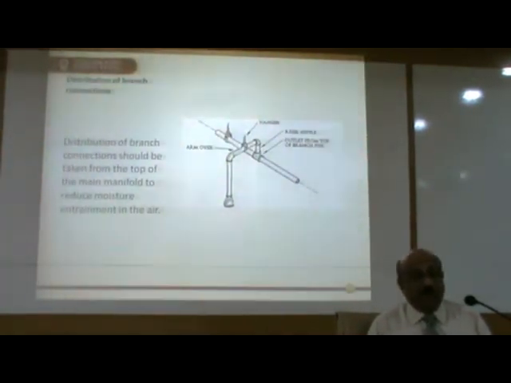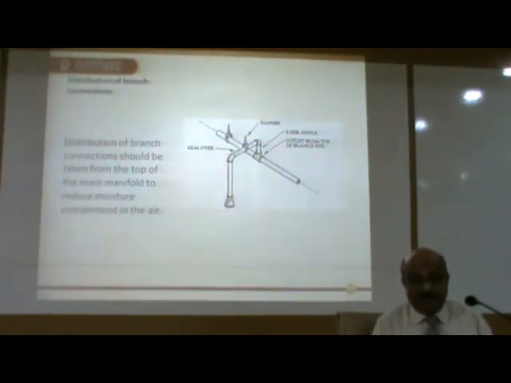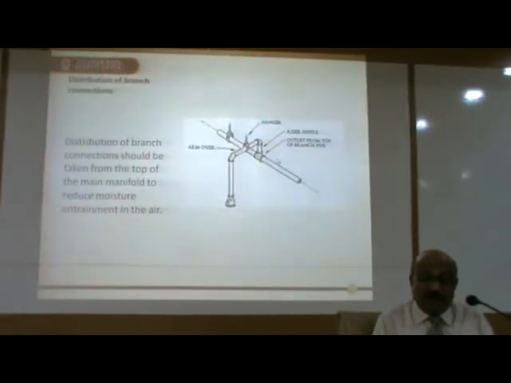Then another important part is the distribution of branch connections. Branch connections should be taken from the top of the main manifold to reduce moisture entrainment in the air. In compressed air systems, moisture content is invariably there, and it should be avoided.